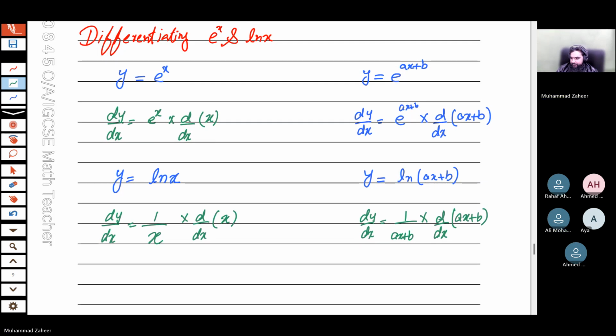So these are the two formulas for the log and for the exponential. Let's take a question.